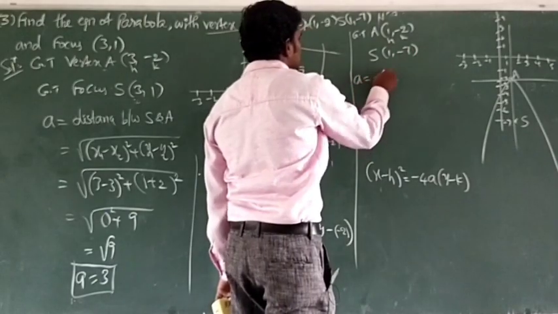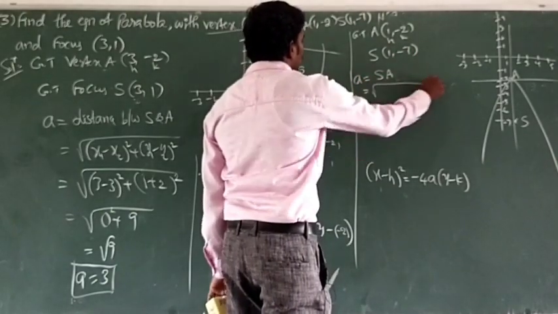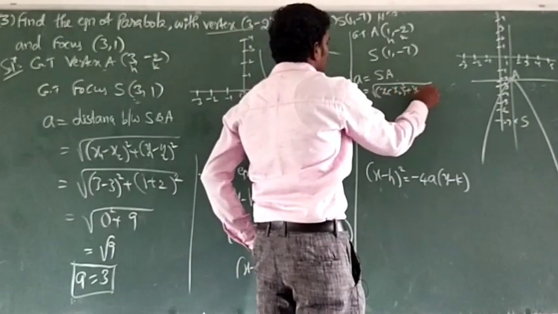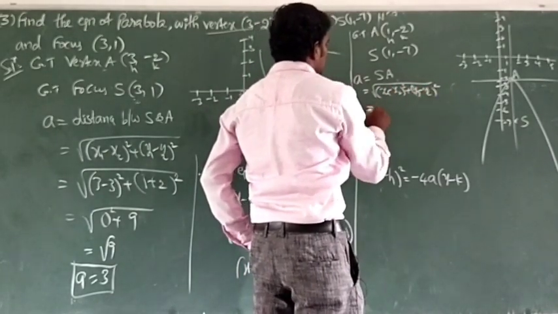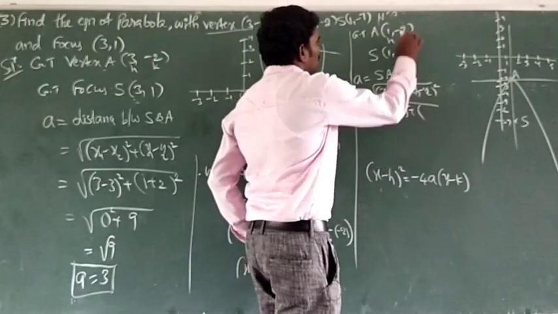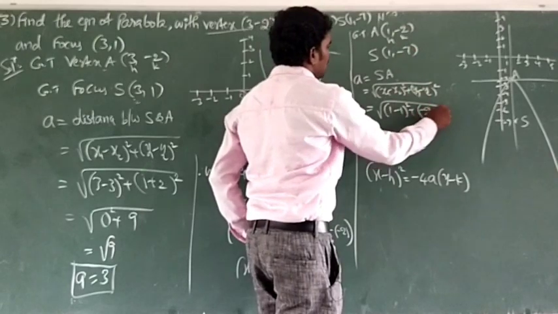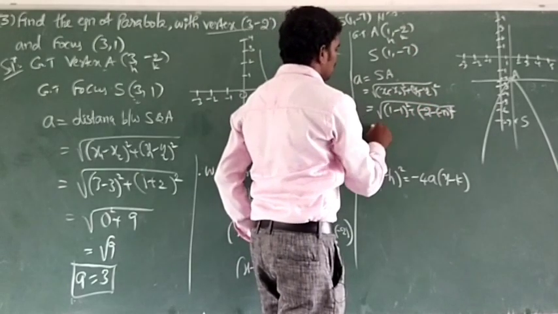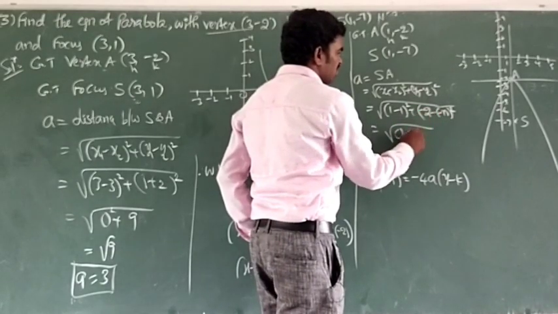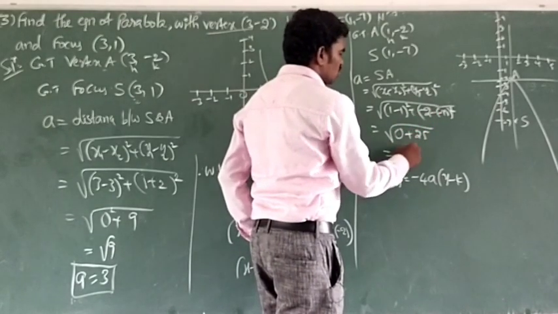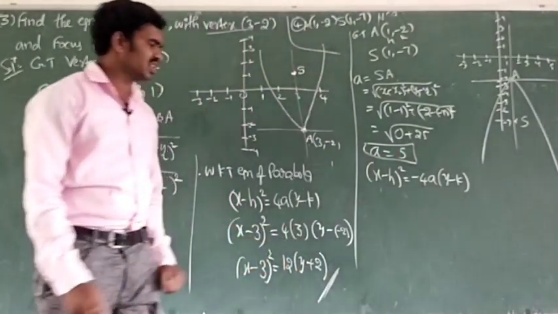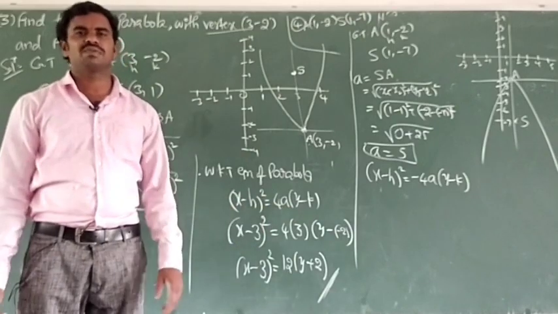Small a means the distance between S and A, that is root of (x1 minus x2) whole square plus (y1 minus y2) whole square, which is (1 minus 1) whole square plus (minus 2 minus of minus 7) whole square. So 1 minus 1 is 0, minus 2 plus 7 is 5, 5 square means 25. So root 25 means 5, a value 5. Substitute the values in this and simplify, we get the required equation of the parabola.